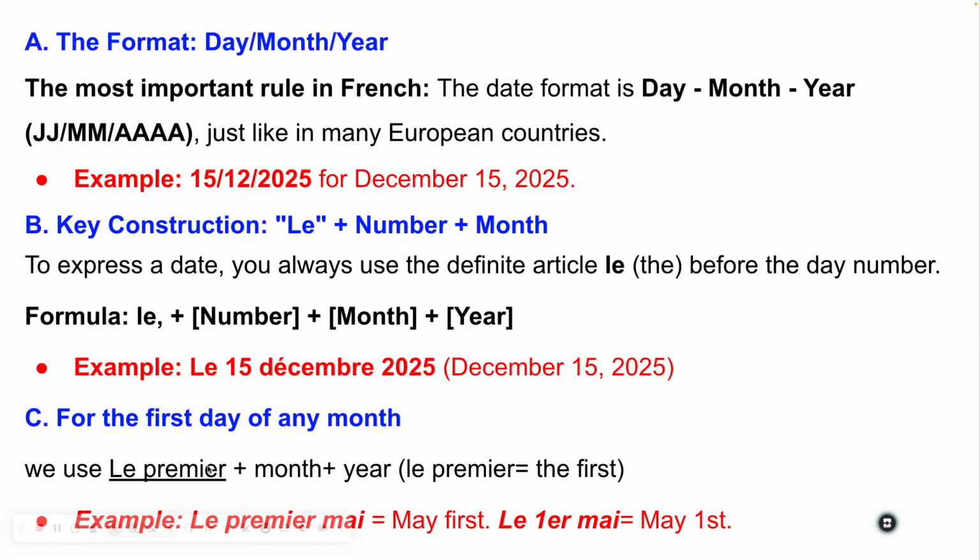When it comes to the first day of the month, you always have to say le premier. For example, le 1er mai, May 1st. Le 1er juin, June 1st. Le 1er janvier, January 1st.